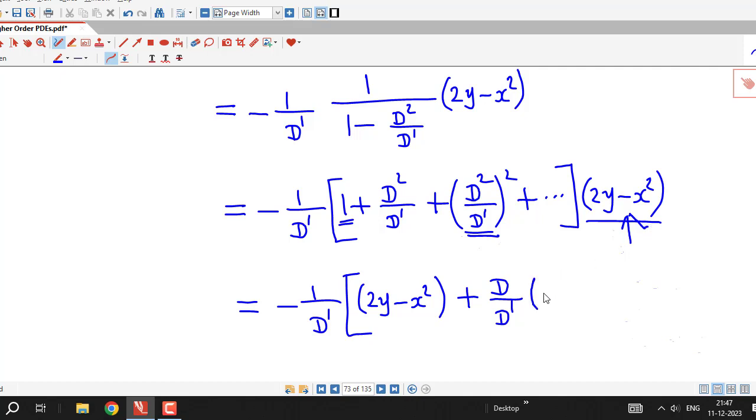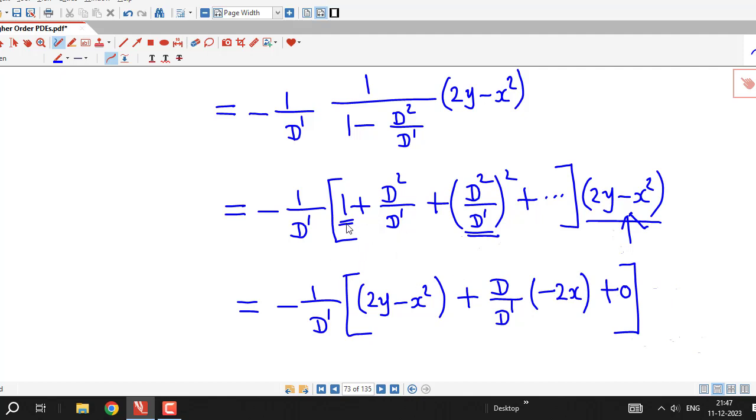So I am differentiating with respect to x a single time, and I will have minus 2x, and in the next step I will have D raised to 4, that is 4 times partial derivative of this with respect to x, that will become 0. So from this term all the terms become 0 and the series becomes finite.